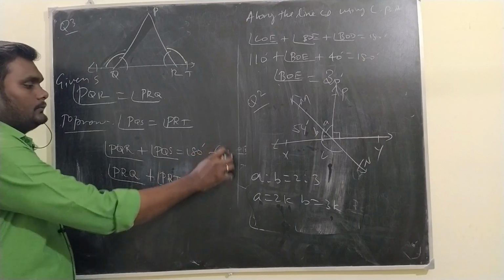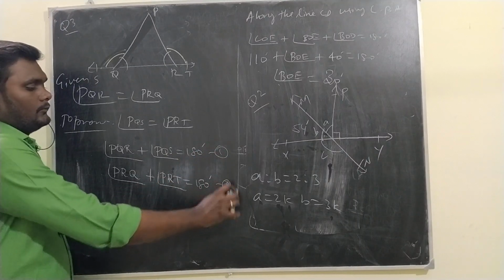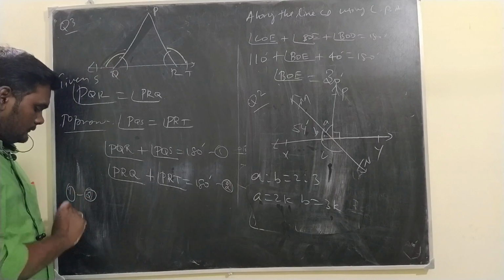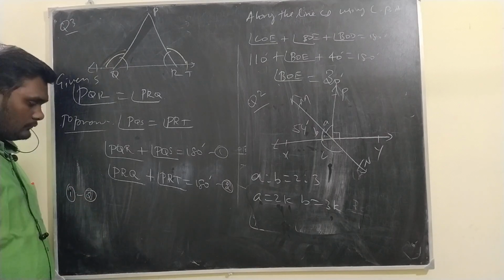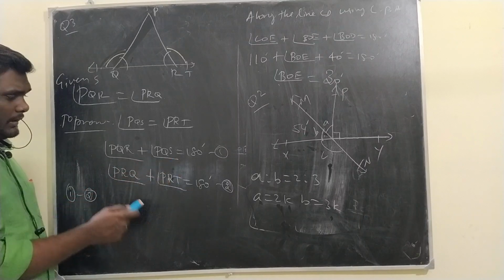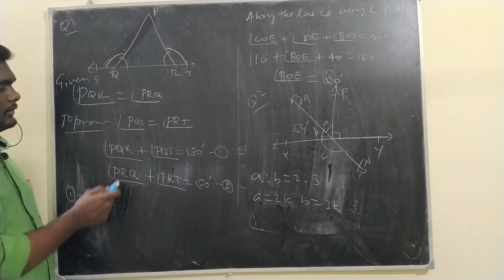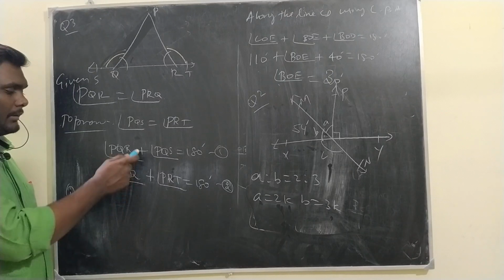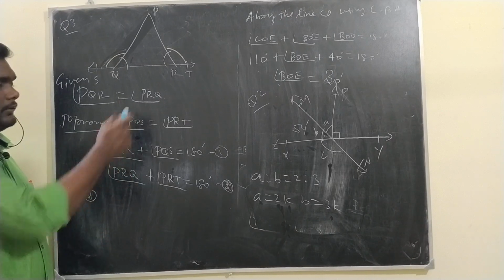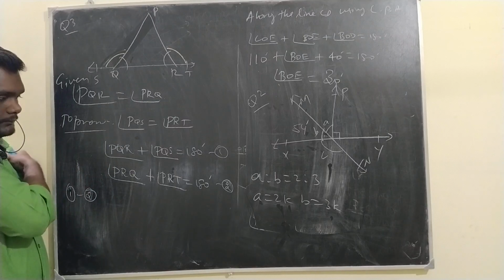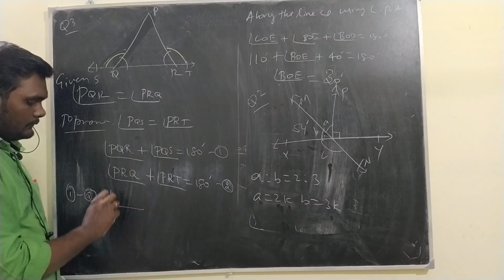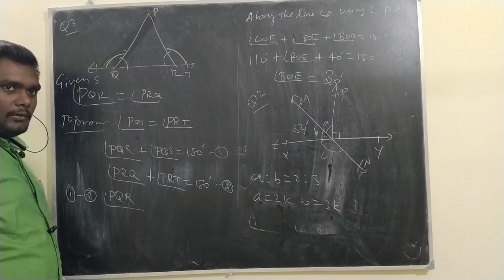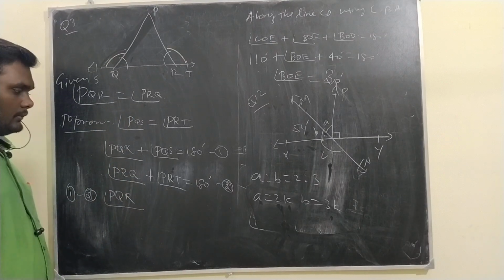That's all. One minus 2. So PQR, PRQ, are they equal? Then while subtracting, this will vanish, by using the given thing. Given, PQR and PRQ, are they equal or not?